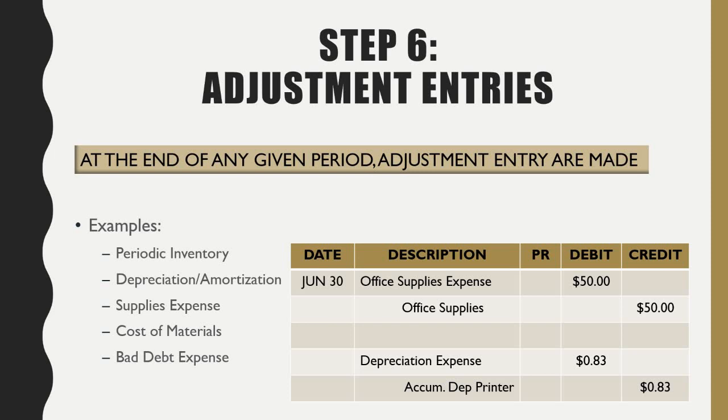So what is an adjustment entry? It's anything that you record typically at the end of a given period. A good example is if you buy office supplies or any kind of business supplies. When you buy it, you have a given quantity.